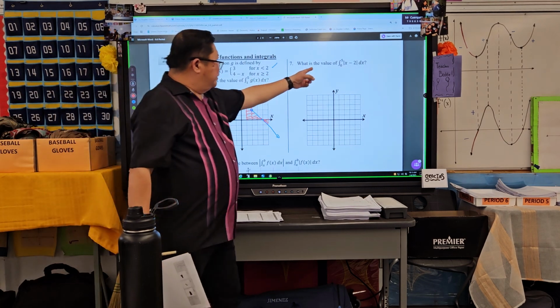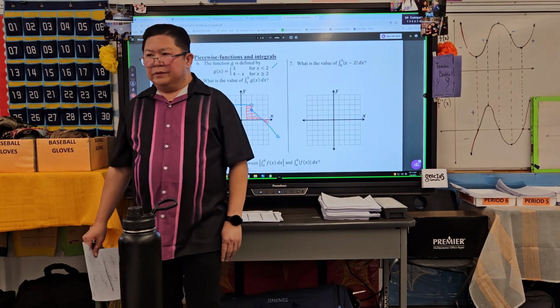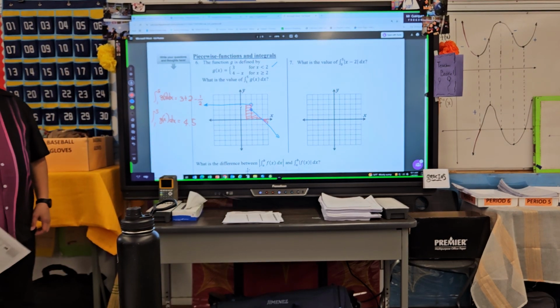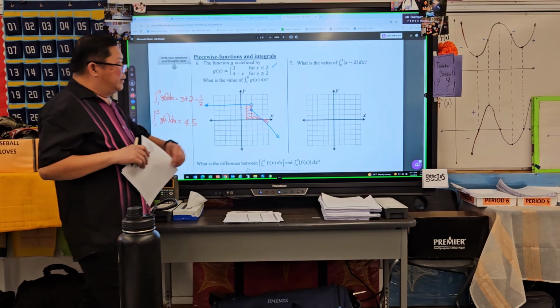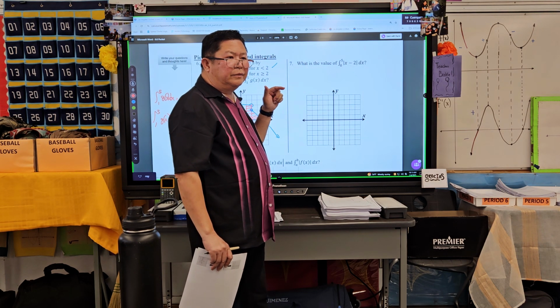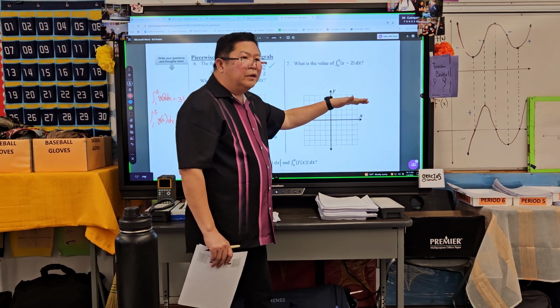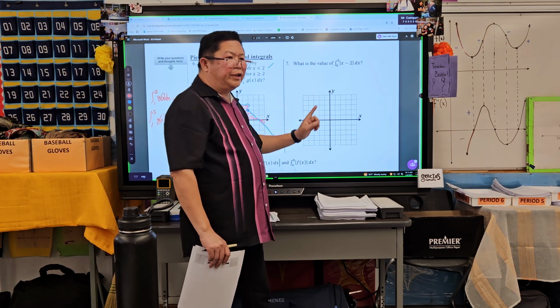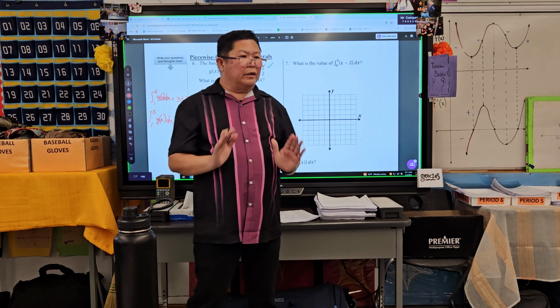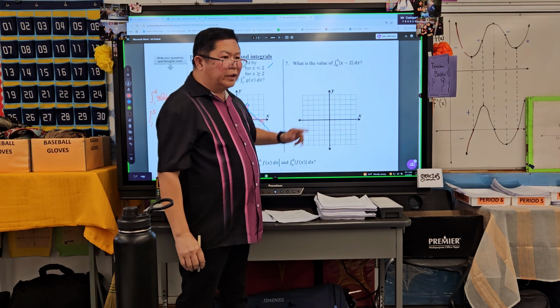So for number 7, you know that this is an absolute value. What could you expect the graph of that to be? x minus 2, where is the shift? Left or right? To the right. How many units? 2 units. Then what is the form? It's going to be a letter V. Can you graph that now?